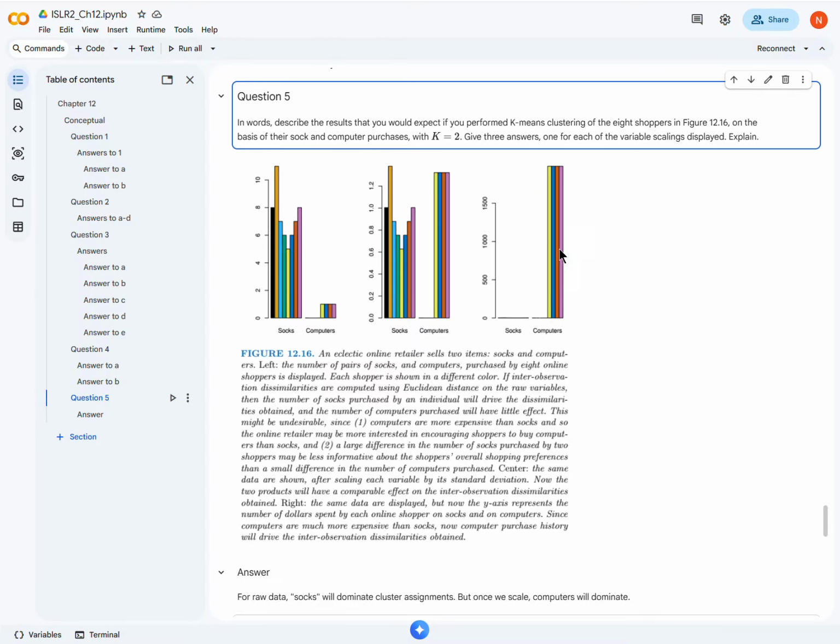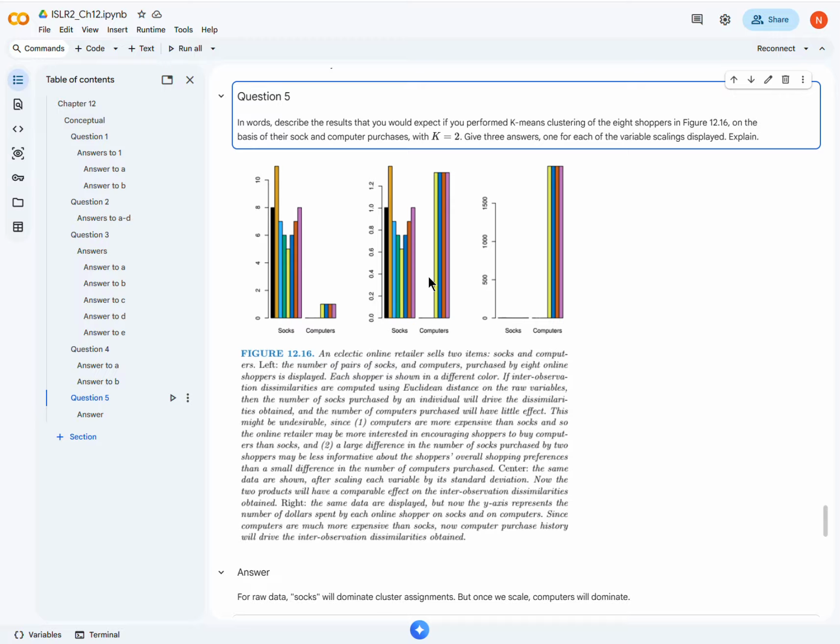And we want to give an answer for each one of these displays here, so let me quickly walk through these. So the left-hand side is the number of items, whether socks or computers, purchased by the 8 different shoppers, or maybe pairs of socks, I'm not sure. The middle one is the normalized amount, so divided by the standard deviation, maybe minus the mean, I'm not sure.